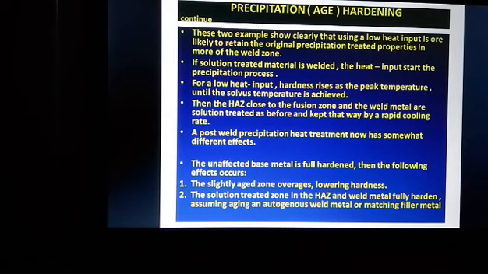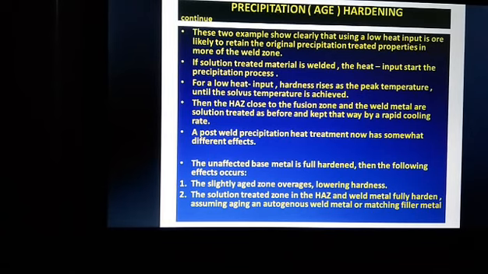For a low heat input, hardness rises with the peak temperature until the solution temperature is achieved. Then the HAZ close to the fusion zone and the weld metal are solution treated as before and kept that way by a rapid cooling rate.